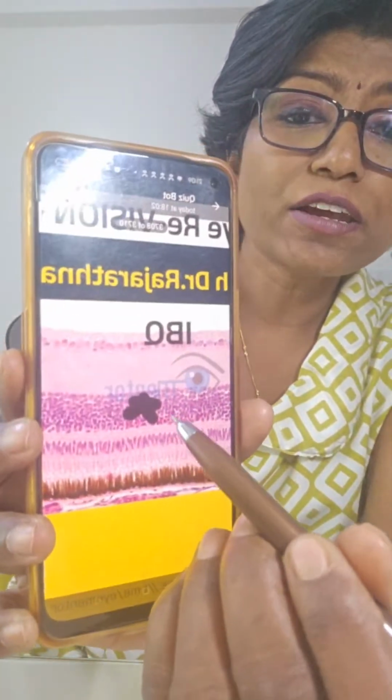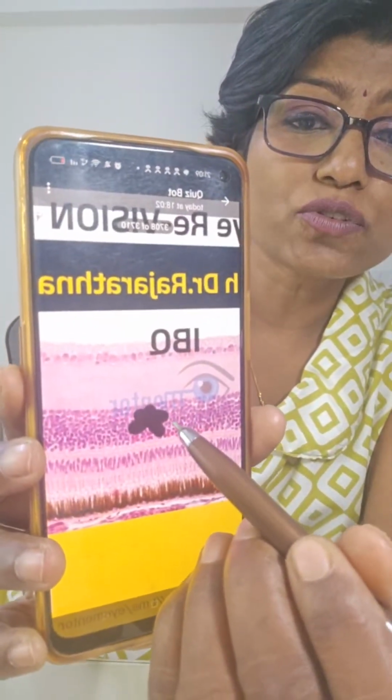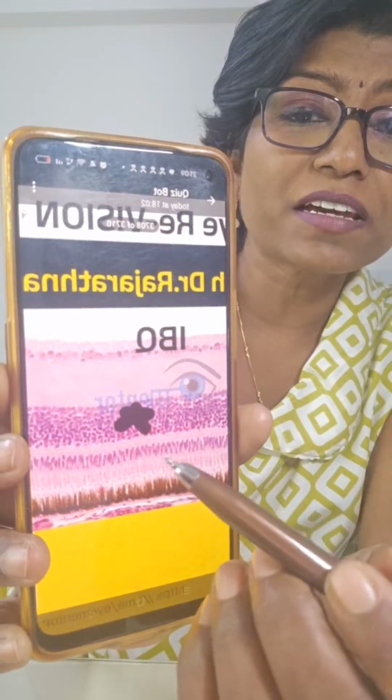Okay, and the layer of rods and cones. When I say layer of rods and cones, I am talking about where the outer segments with the visual pigments are present, not where the nuclei of the photoreceptors are present. So the moment this is marked, the layer of rods and cones, or the layer of photoreceptors, is ruled out, and a plexiform layer is ruled out.